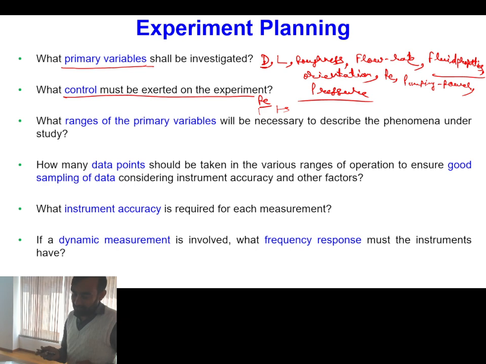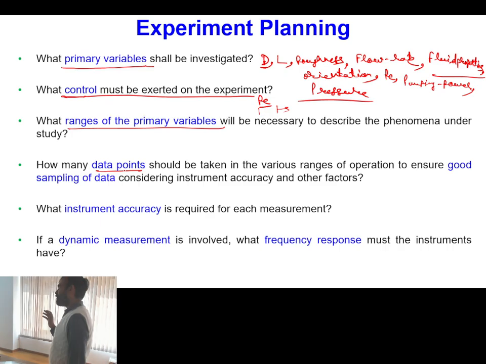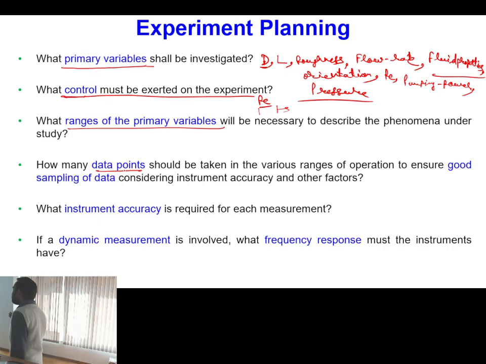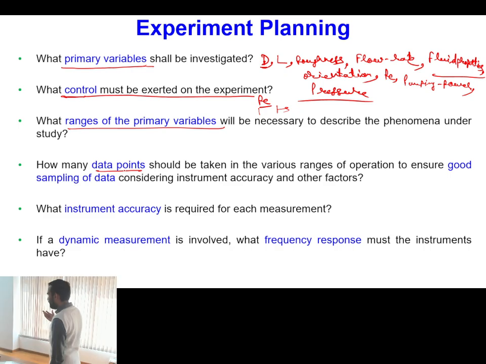After deciding the control, then the range of primary variables, of course, that I have already defined under controls as well. And then we have to decide how many data points should be taken. If your experiment is simple and does not involve much cost, like pressure drop measurement inside a pipe, we may not be much concerned about the number of readings, because we can easily switch on the setup and take as many readings as possible.